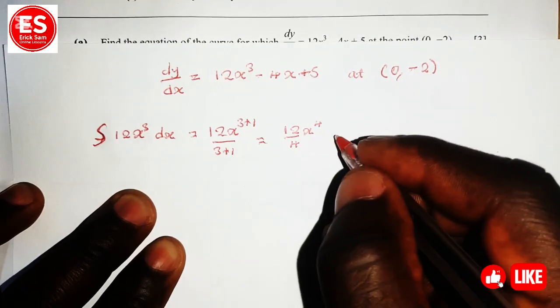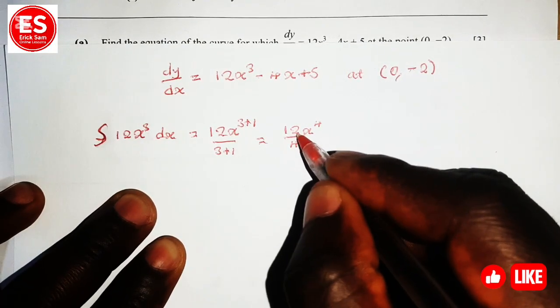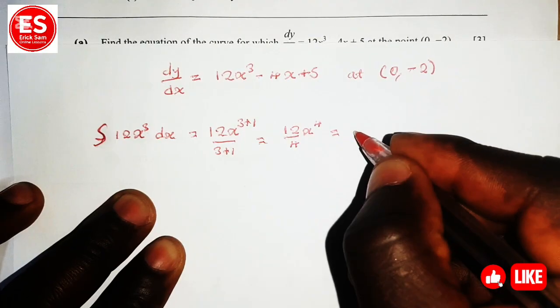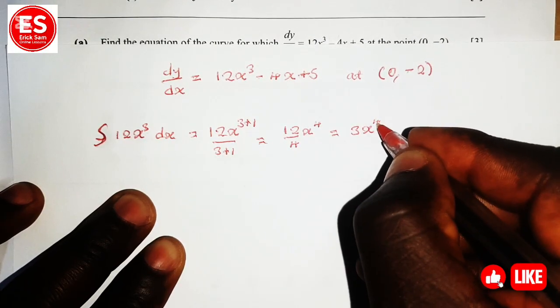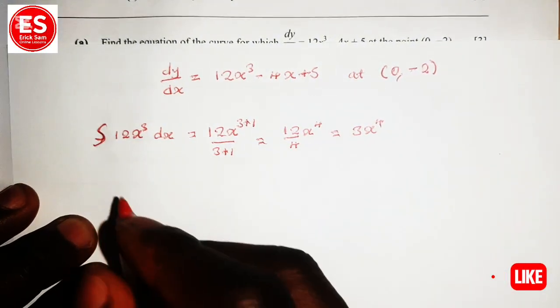So you can simplify: 4 into 12 goes 3 times. So it will be 3x^4. Now let's get another part.